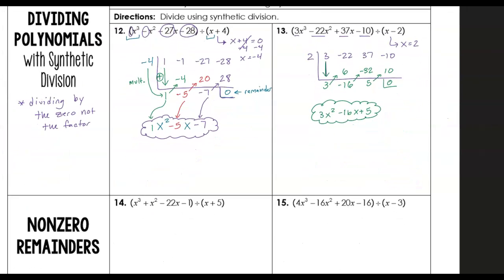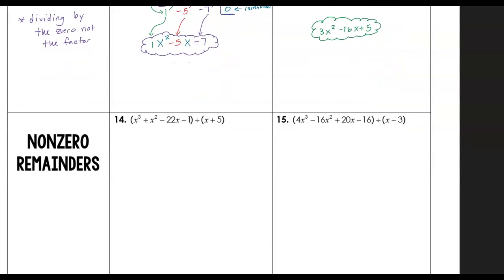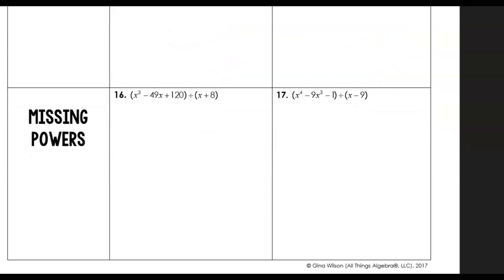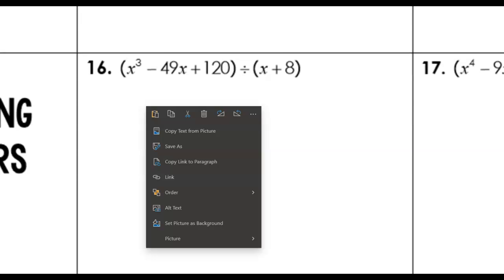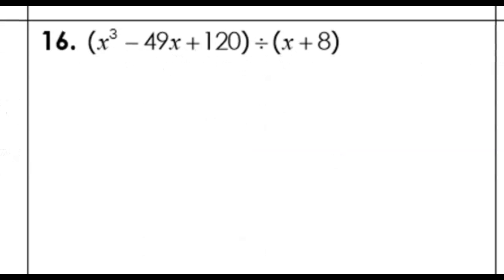Let me do one more, because there are ones where it's skipping terms. So let's look here at number 16, and then we'll call it done, if you're comfortable with synthetic division after this problem. So here we're dividing by not 8, but the 0, negative 8.